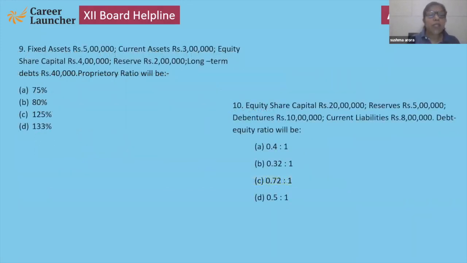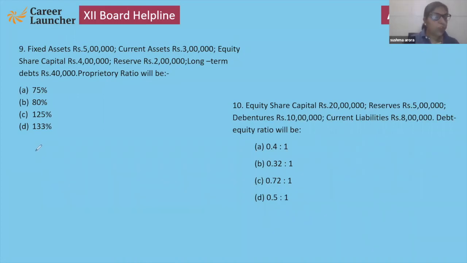Next, fixed assets are rupees 5 lakh, current assets rupees 3 lakh, equity share capital 4 lakh, reserves 2 lakh, long-term debts 40,000. What will be the proprietary ratio? I can help you out in solving this one, so it will be easy for you.